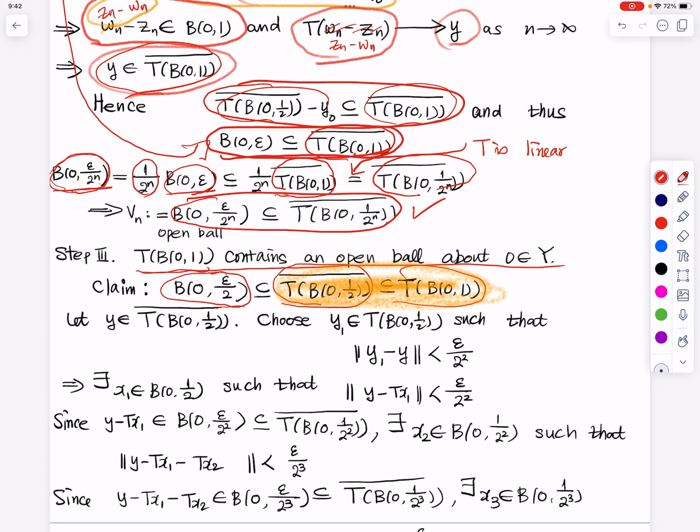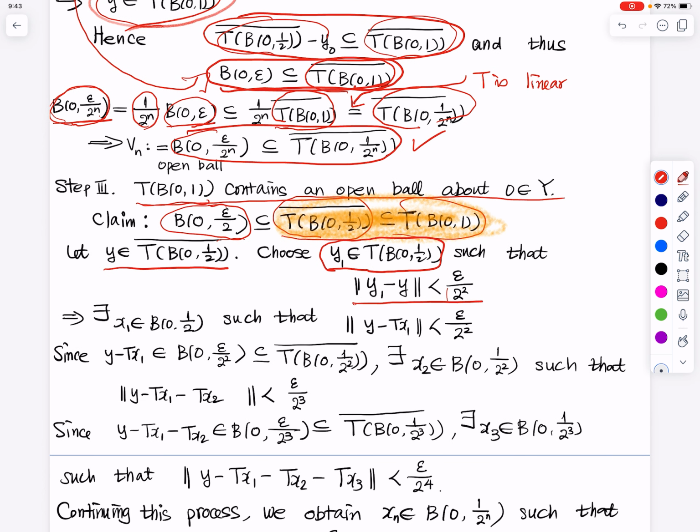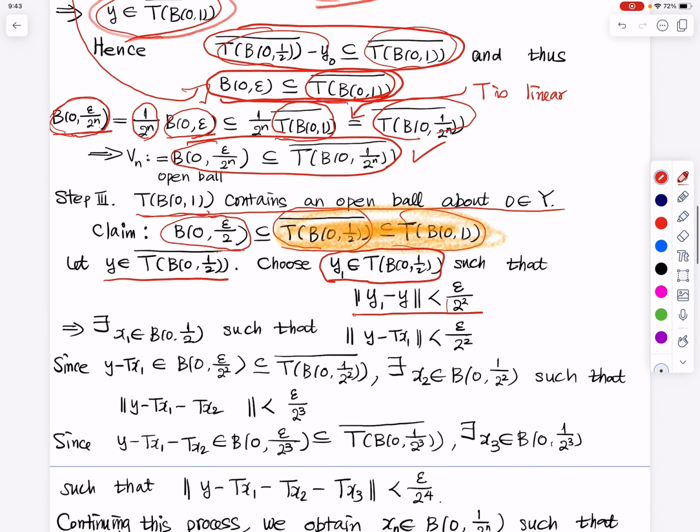I take any element y in this set, and by definition of closure, I can choose y1 in T(B(0,1/2)) such that the norm of y minus y1 is less than epsilon over 2 squared. And since y1 is in this set, you can choose x1 in this set such that the norm of y minus T x1 is less than epsilon over 2 squared.